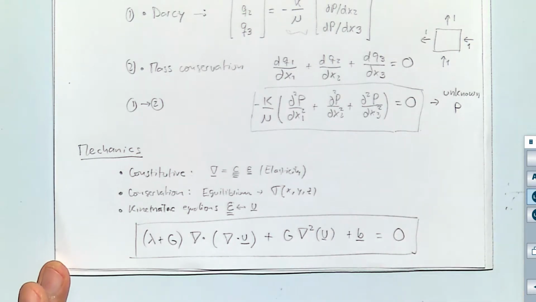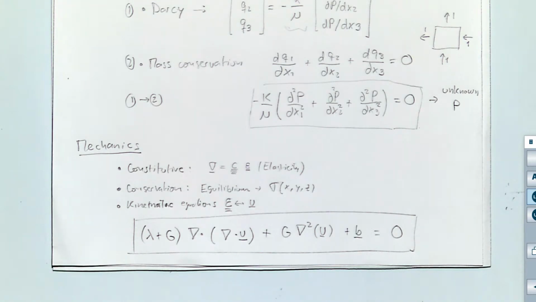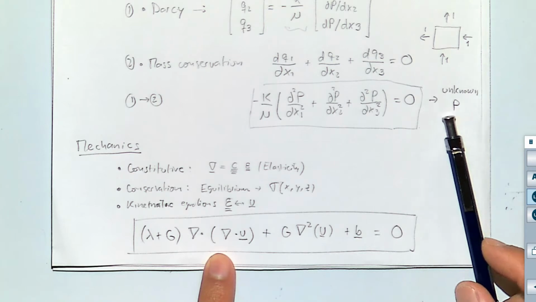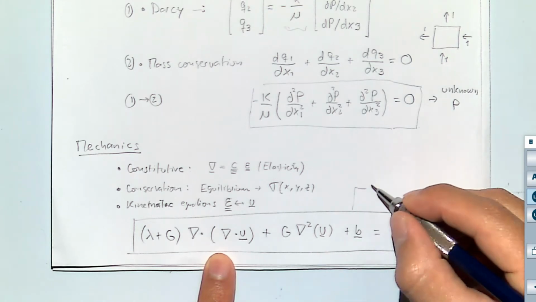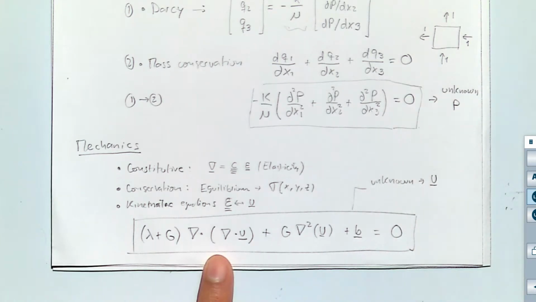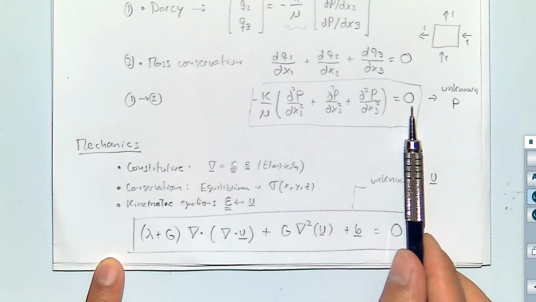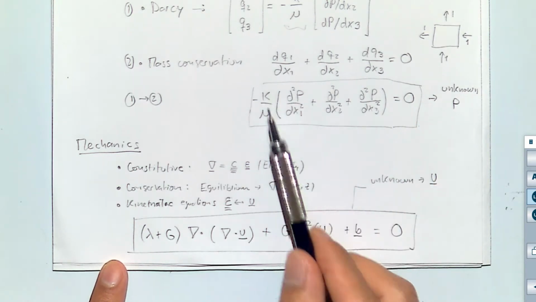That's our final differential equation for mechanics, similar to the one of fluid flow, where I want you to notice a few things. You don't have to remember this, but the only thing that you have to remember here is that there is a differential equation, similar to the one for pressure, for mechanics, where now your unknown is the displacement, so you solve for the displacement. And look over here. In this problem, it doesn't matter, but if we put it as a function of time, it would matter what k is.